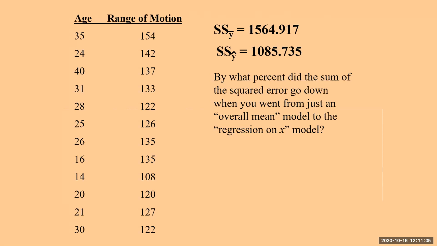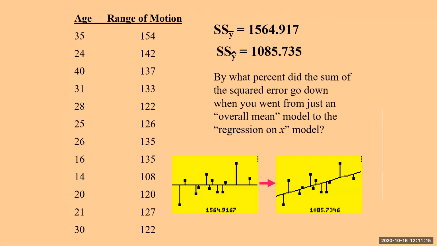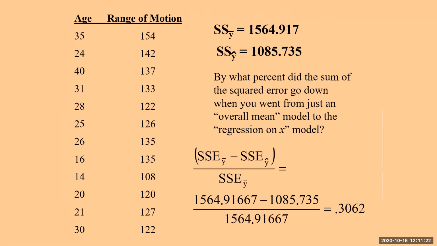So by what percent did the sum of the squared error go down when you went from just an overall model to the regression on X? Well, we went from 1,564.9 to 1,085.7. If we find that percent change based on this formula, we get a value of 0.3062.